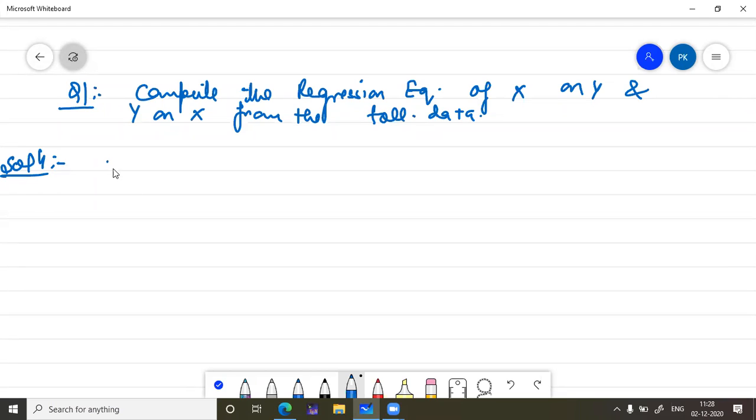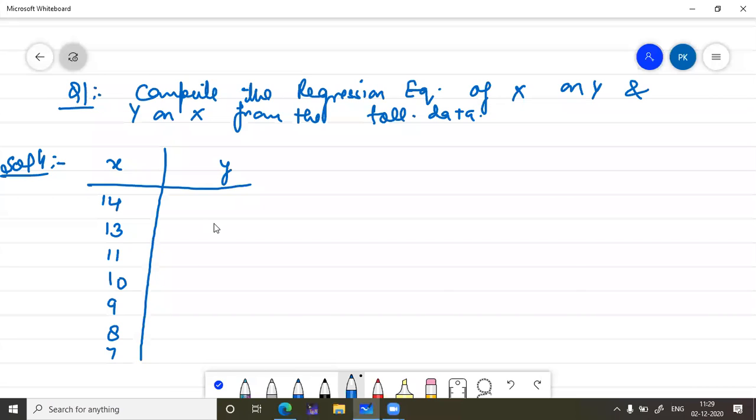Solution: suppose I have this data set, x and y. x is 14, 13, 11, 10, 9, 8, 7, and the corresponding values of y are 3, 8, 20, 35, 40, 44, 50.